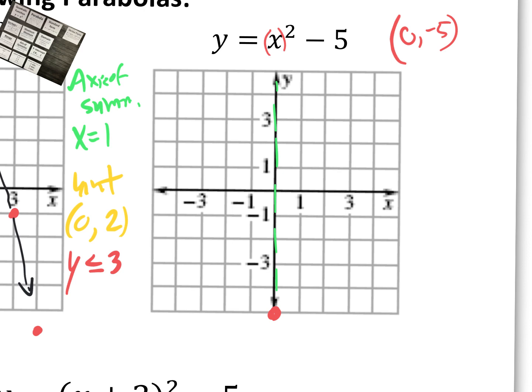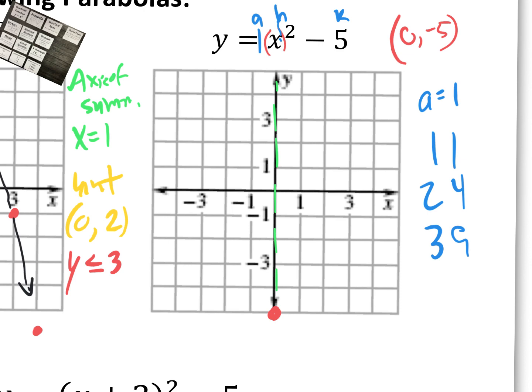I need more points. You could go for an XY table, or you could use a pattern 1, 1, 2, 4, 3, 9. But you especially could use this pattern because the a value is 1, right? There's a value of 1 out here in the front. The h was 0 because there's no number being subtracted from x. The k is -5.